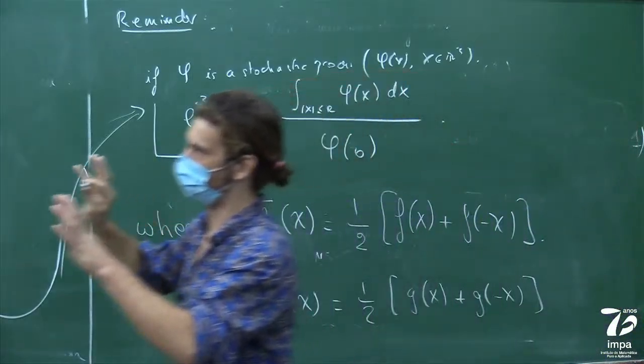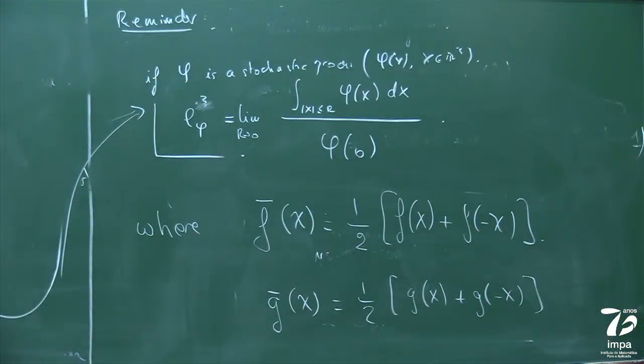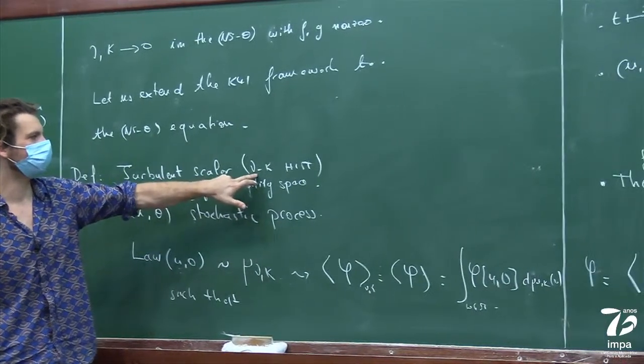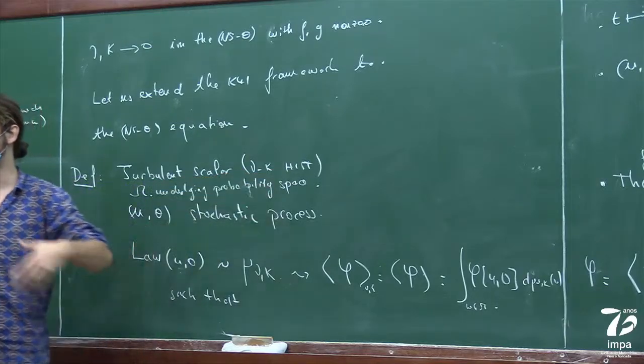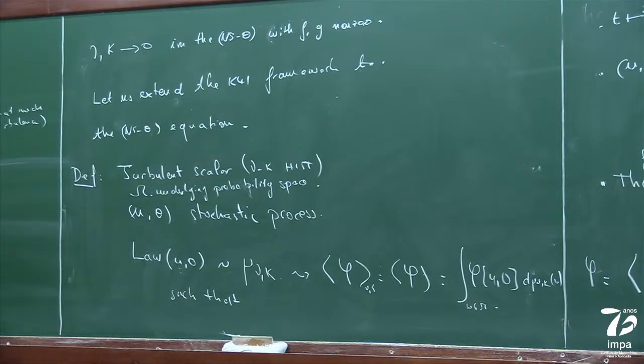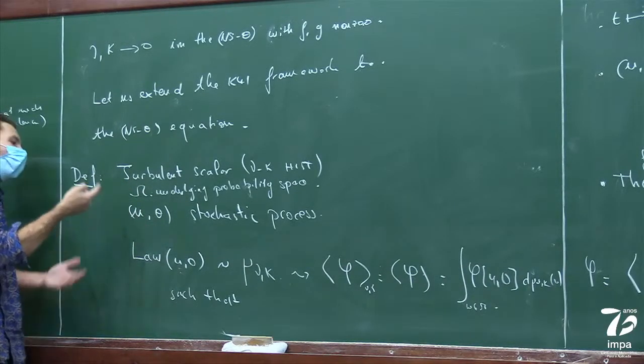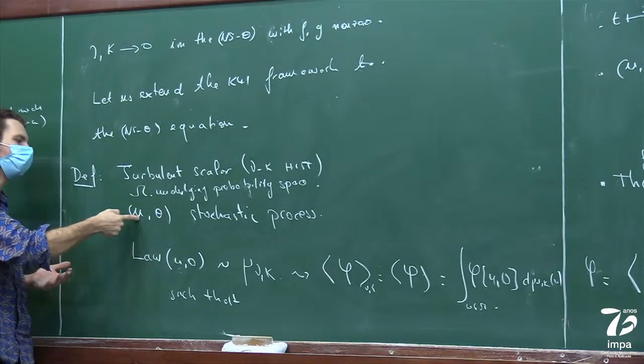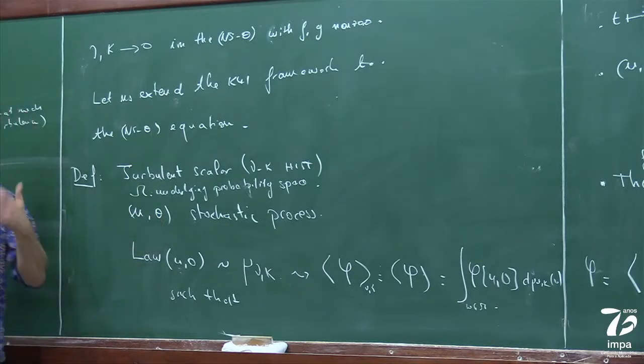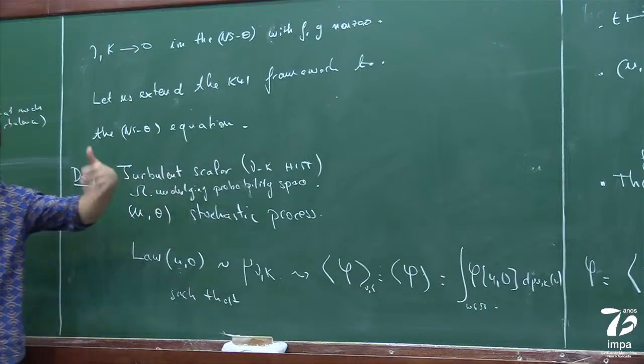So this long definition simply means that I want to define what I would call a turbulent scalar at finite viscosity and finite diffusivity. And I assume that it is a certain stochastic process defined by two variables, or four if we take the three components associated to the velocity field and the one component associated to the scalar. I imagine this stochastic process as an underlying law.